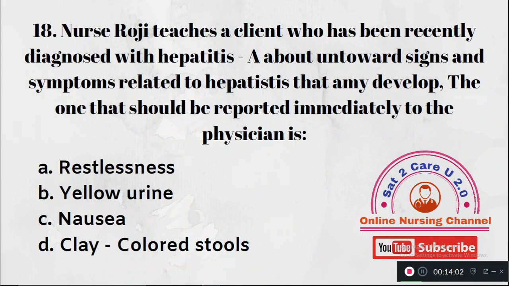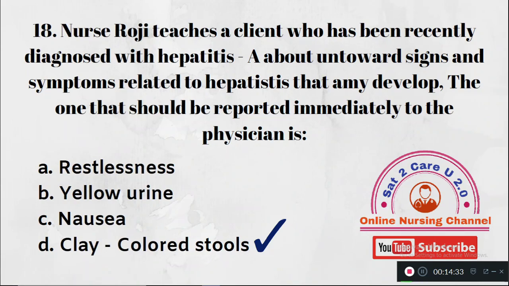B, yellow urine. C, nausea. D, clay colored stools. So which one should be reported immediately? The right answer is clay colored stools, because of hepatic obstruction the clay colored stool can be developed. So that must be immediately reported.